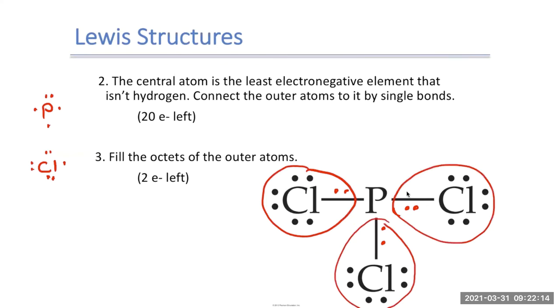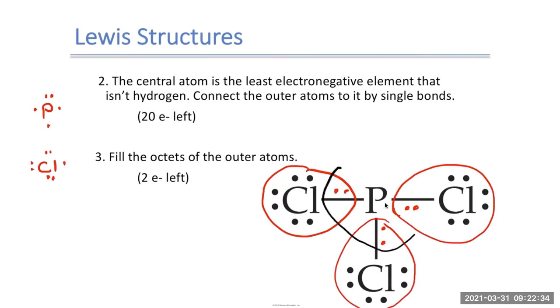Once I filled up the octets of my outer atoms, I only have 2 electrons left for my count. Remember, we want to get to 26 valence electrons total. I've drawn 24 now.